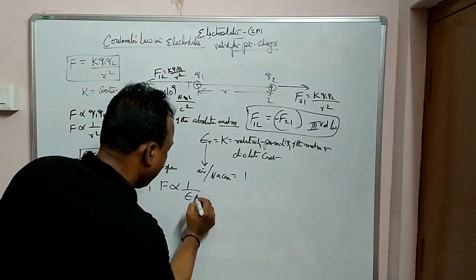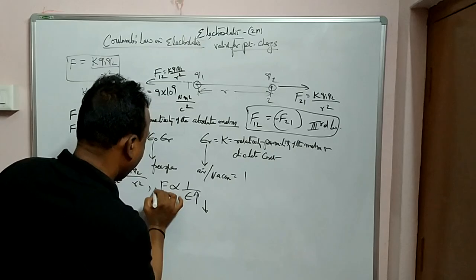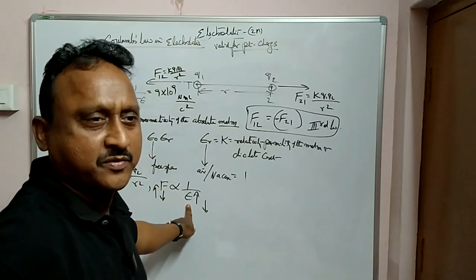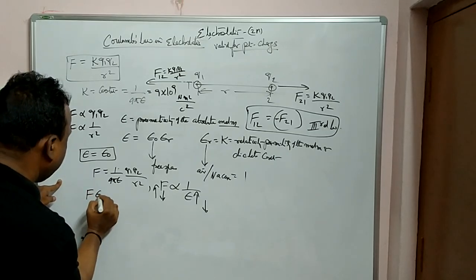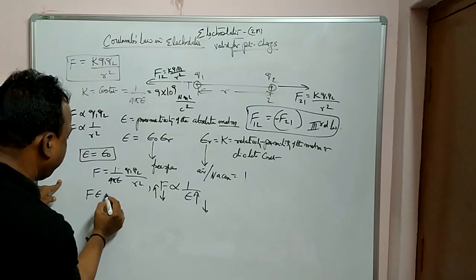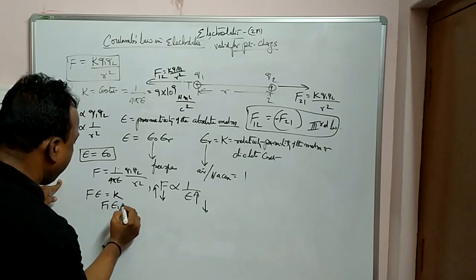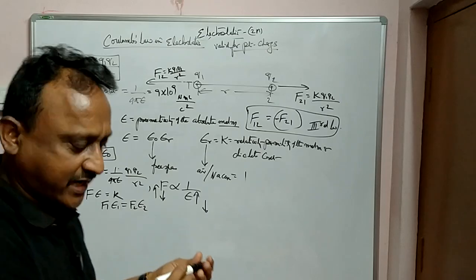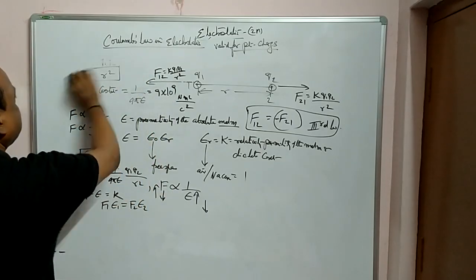That means more permittivity, less force; less permittivity, more force. The force is inversely proportional to the permittivity of the medium. And how can we write it? F into absolute permittivity is equal to a constant, or F1 epsilon 1 is equal to F2 epsilon 2. Please write this down. Very important thing. Please copy it.